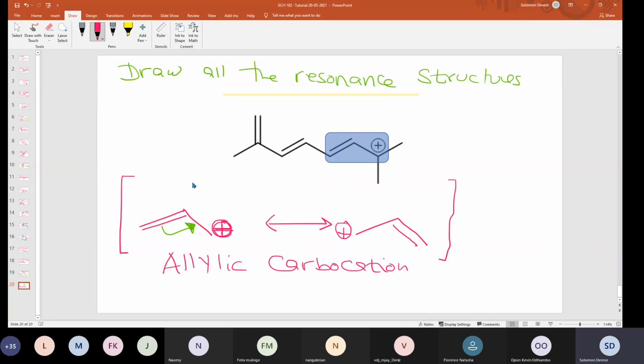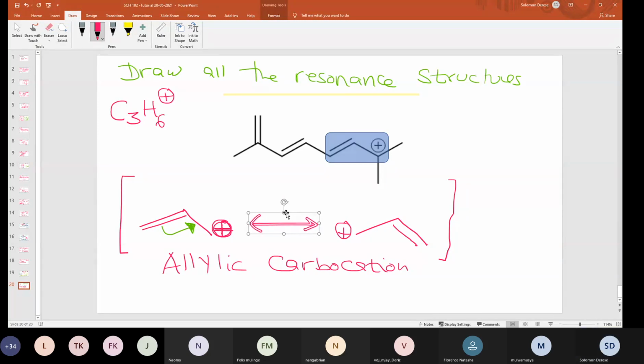Because if we were to draw the structure of a molecule, this one has 3 carbons and H6. Actually, this molecule is C3H6 plus. If you were to draw the Lewis structure of this, you can draw either this one or that one, 2 different possible structures for resonance, okay?